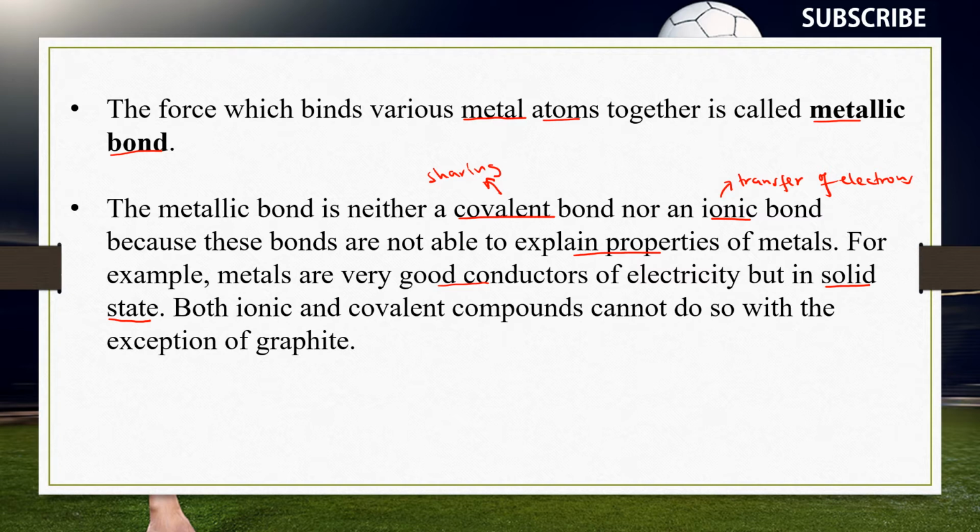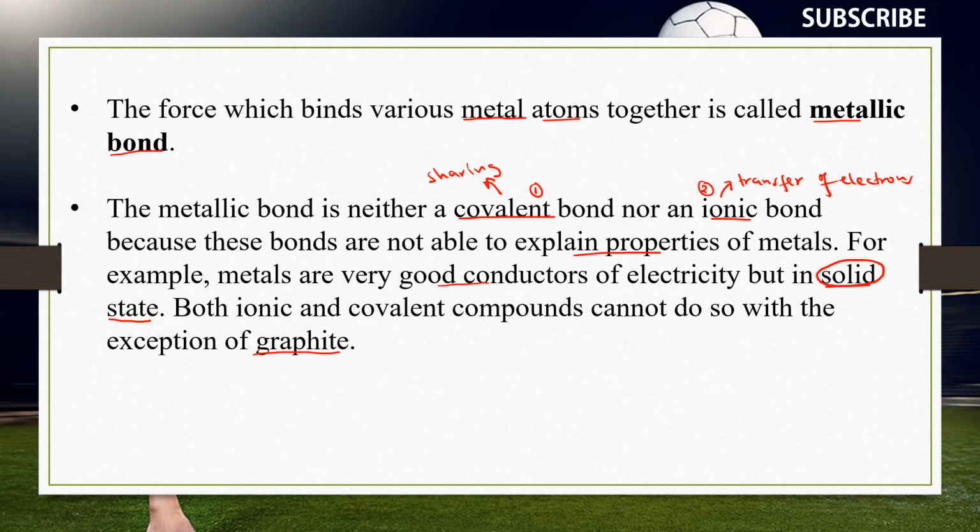But metals can conduct electricity in solid state. As we have seen, most metals are solids with the exception of mercury. So because of that, we can't attach metallic bond to covalent or ionic bonding.